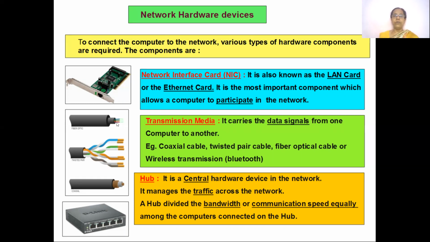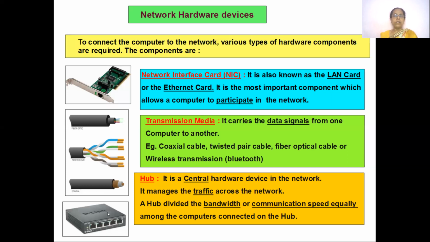Now we use fiber optics. Fiber optics are glass tubes that send light rays, and you see the picture so clearly because the light passes through these glass tubes. So these are the three transmission media: twisted pair cable, coaxial cable, and optical fiber cable.